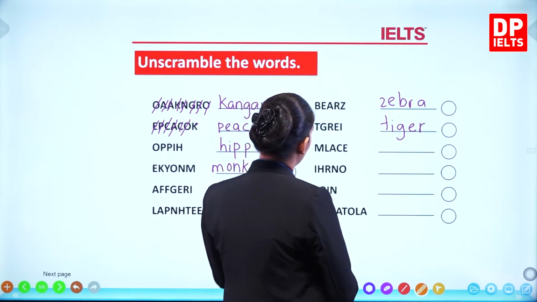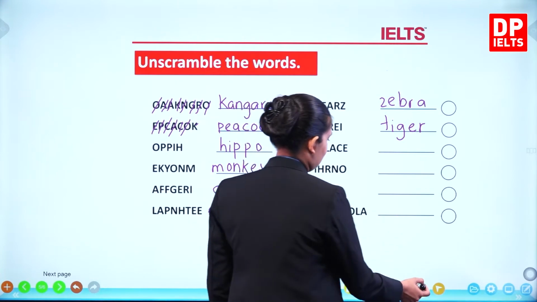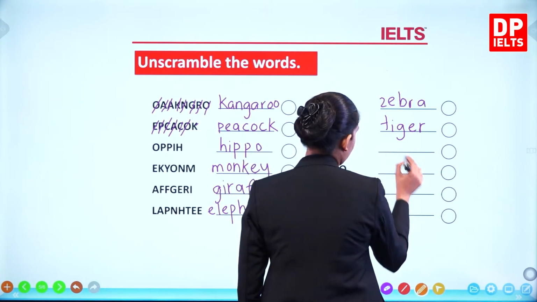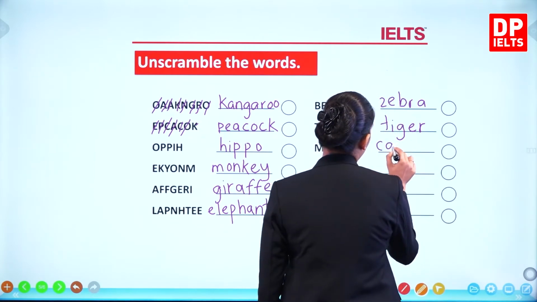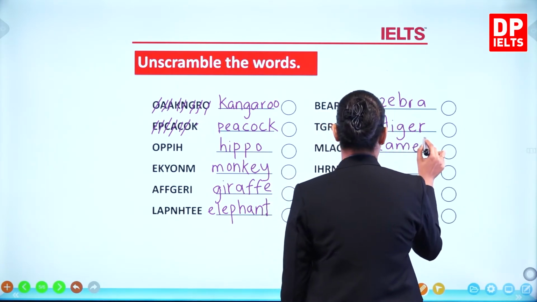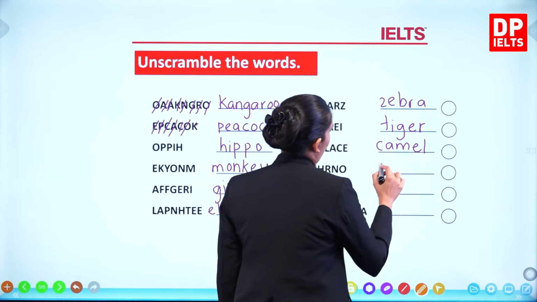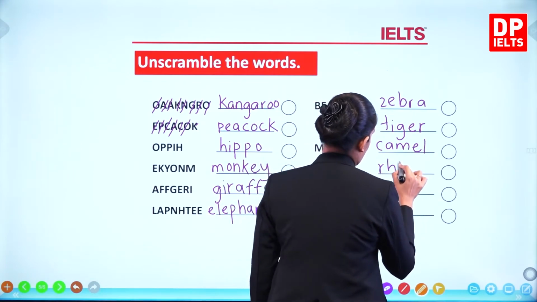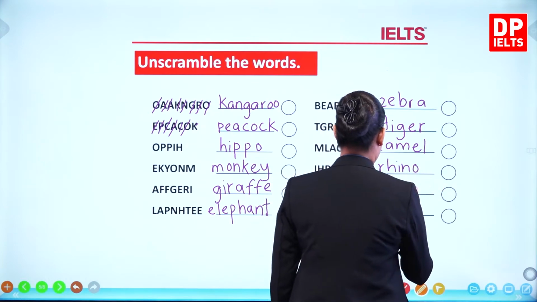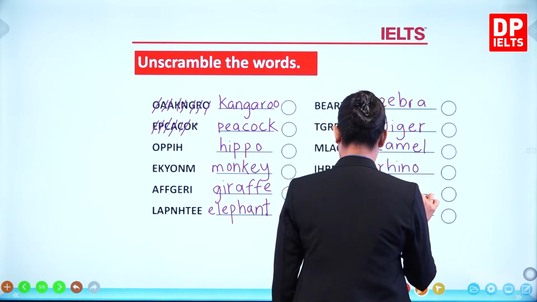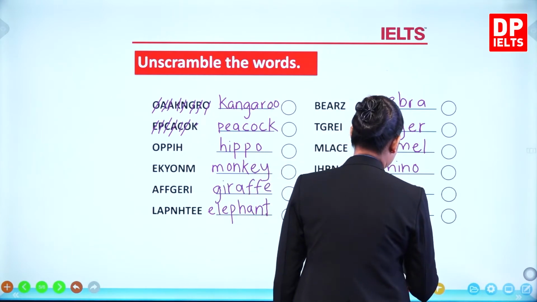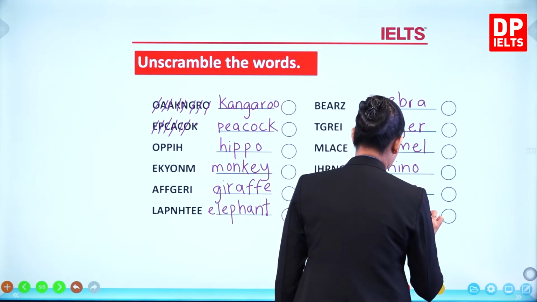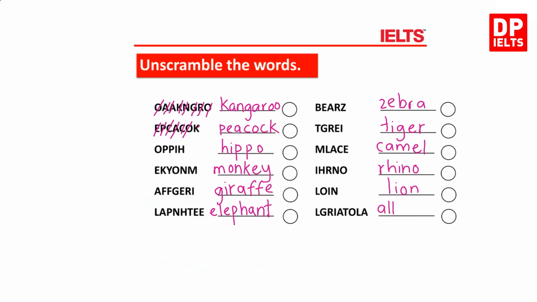Right, so moving on, let us have a look at this one. So this is a camel, right? This one we know, the rhino. Lion. Next one is alligator. Looks a bit like a crocodile, but it's actually an alligator.